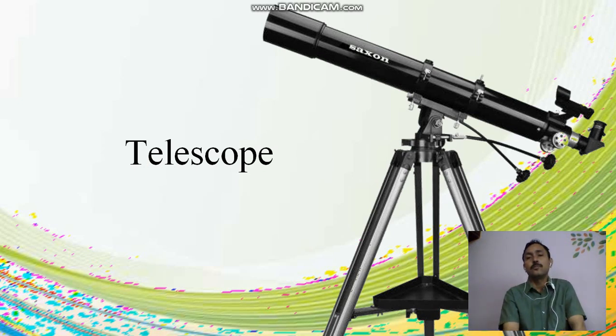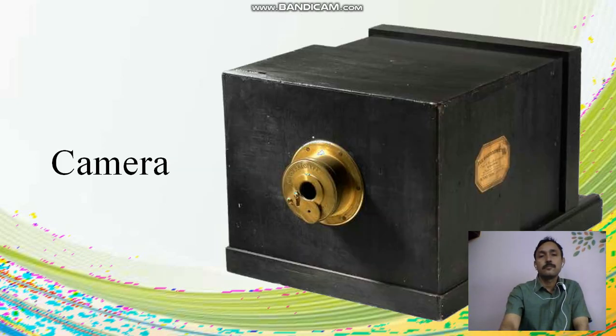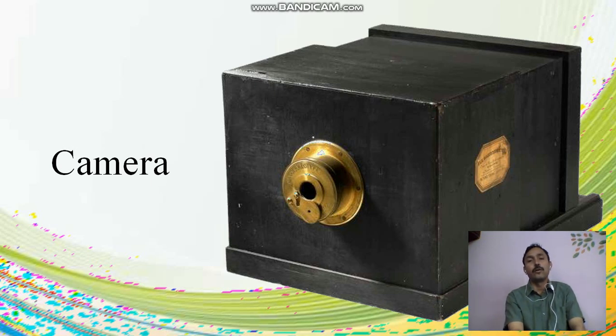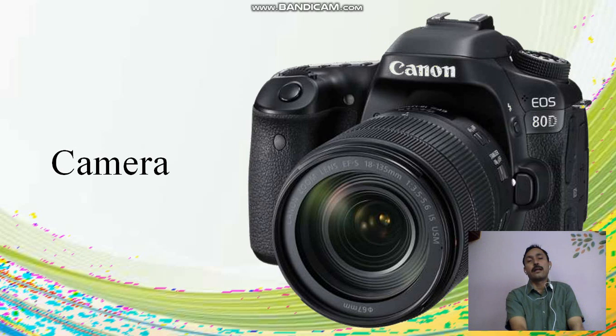The telescope is for finding out stars in the sky, in a clear sky. The camera, a small pinhole camera, has a lens inside it. This is a modern Canon camera. Here we can see the lens.